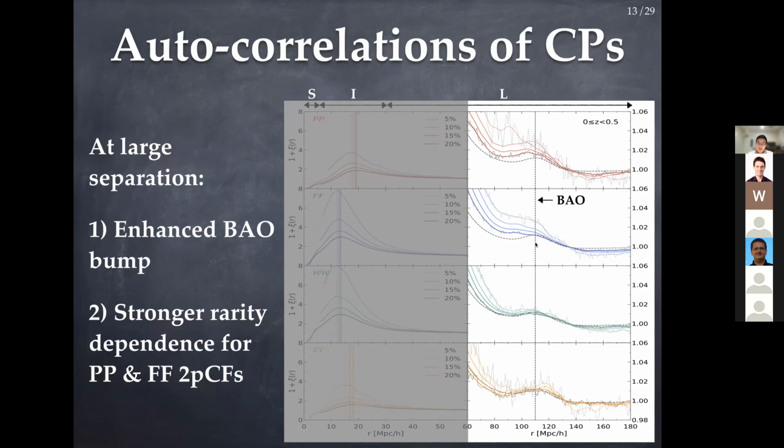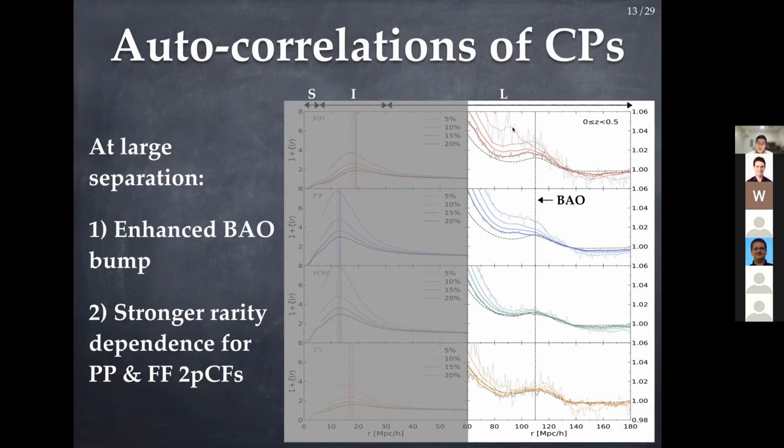So this naturally gives you the sense that in these measured correlation functions at the BAO scale, the BAO feature is enhanced, because this dashed line is the amplified version of the linear dark matter correlation function.